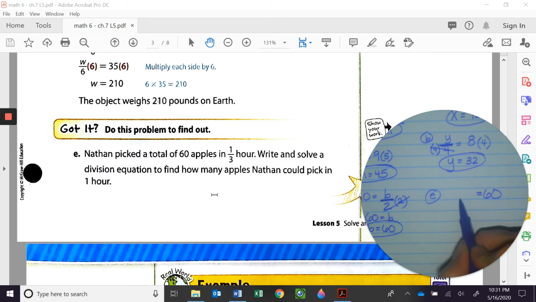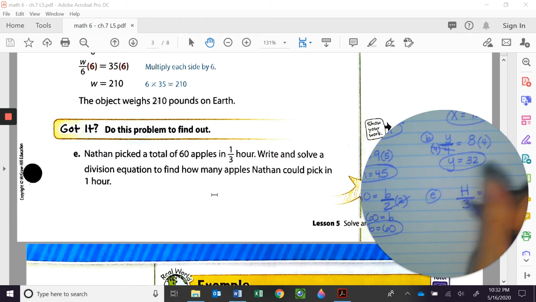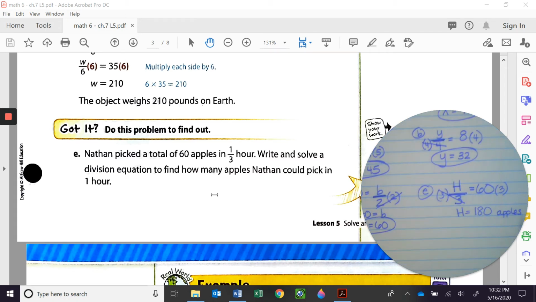And we know that if we took our whole hour and divided it by 3, because we have 1/3, that will give us our answer. So since we're dividing by 3, we're going to use multiplication to get rid of that. And so H equals 180. So what is it wanting us to find? How many apples in an hour? So 180 apples in 1 hour.